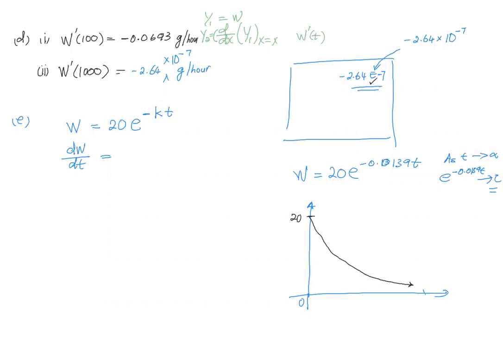Is it negative 1 over 50 ln 2? Okay, this is an exponential. How to do exponential derivative? How to do exponential derivative? Please go and learn it up.